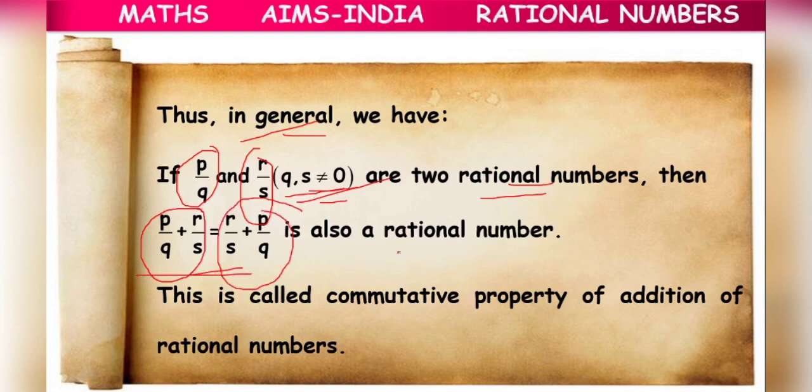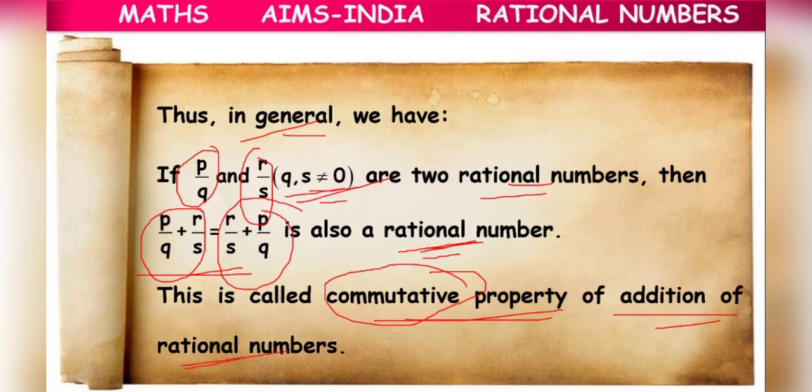The sum is also a rational number. So this property is called the commutative property of addition of rational numbers.